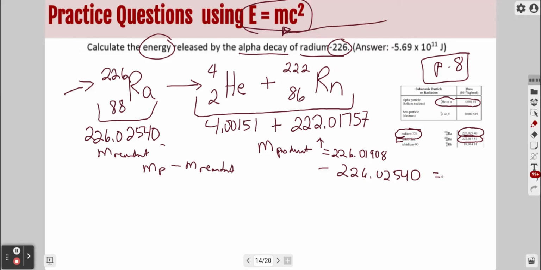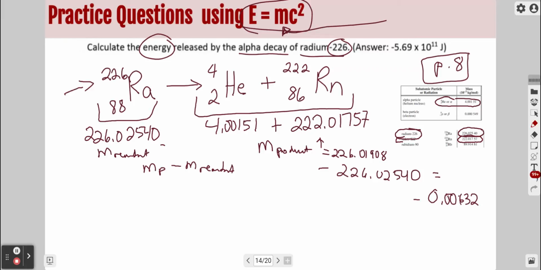You can put that all in your calculator and see what you get. And you should get negative 0.00632. It's a negative number because we've lost that amount of mass.